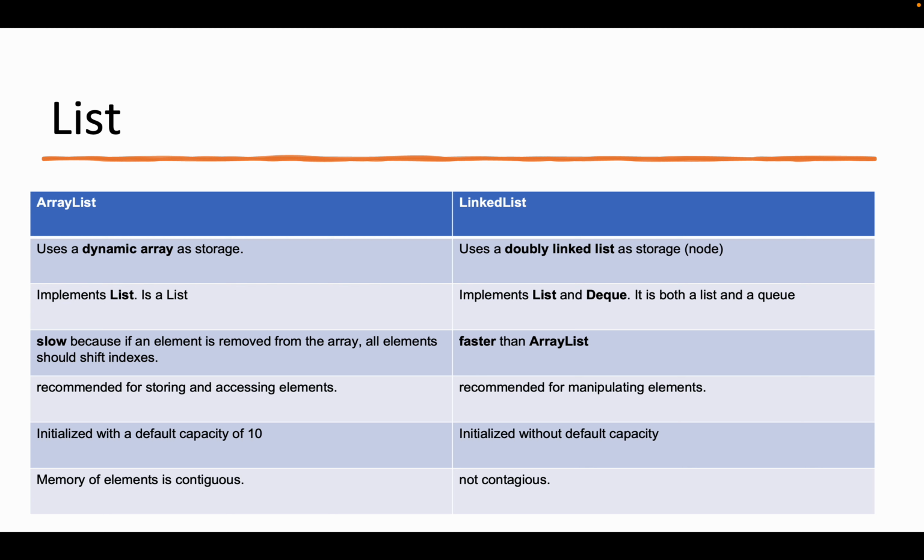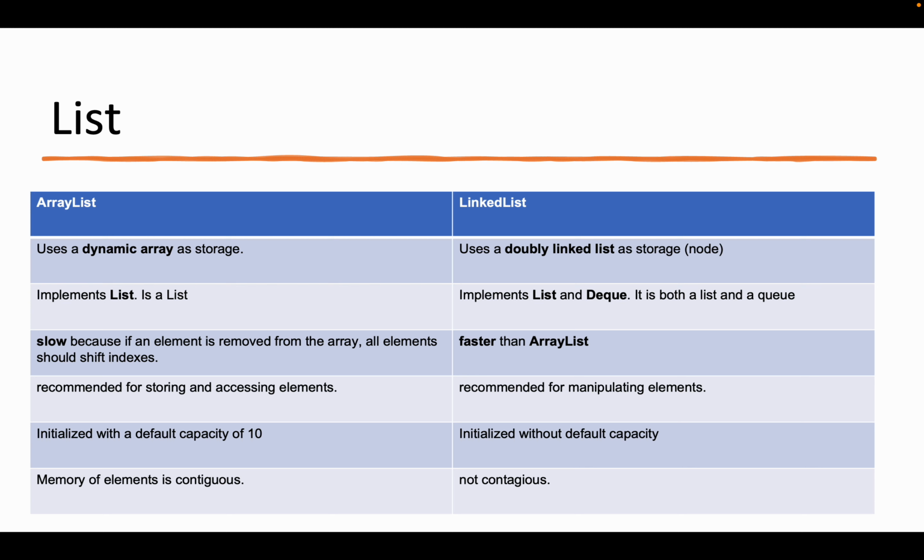Then we see that array list implements list, so basically it's a list. Whereas a linked list implements both a list and a deque. So this tells us that a linked list is both a list and a queue. And we know that a deque is a queue that is double-ended, that you can traverse from both directions.